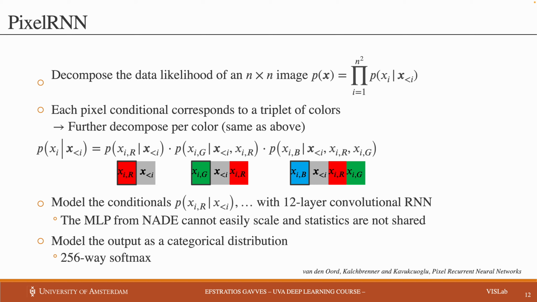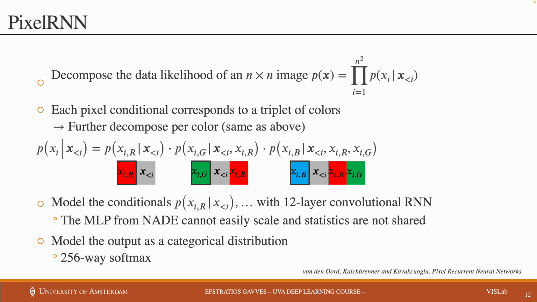So they say that to generate the red channel of my i-th pixel, I have to depend on all previous pixels before the i-th. Then to generate the green channel of my i-th pixel, I have to depend on all previous pixels, as well as my red channel for this pixel.